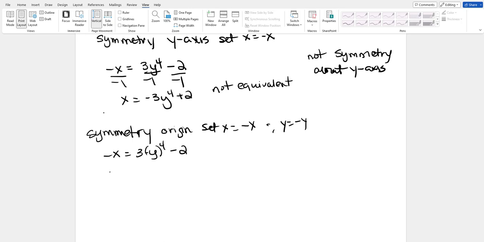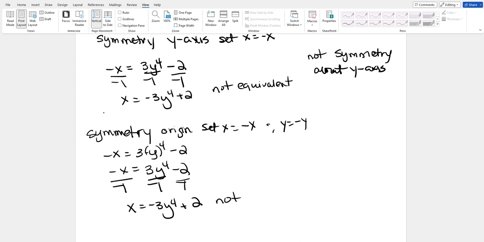Alright, so I did a graph of this, and this is what the graph looks like. We stated that this graph was symmetric about the x-axis. So this is the x-axis here. If you fold your graph in half along the x-axis, the graph will meet up.